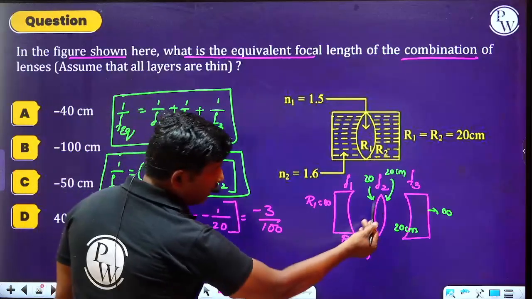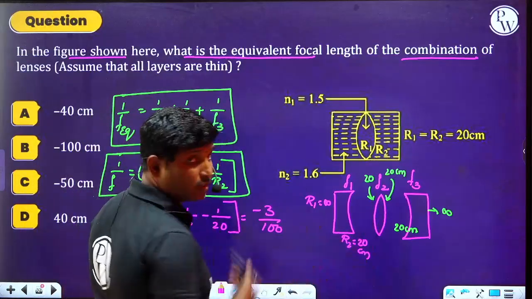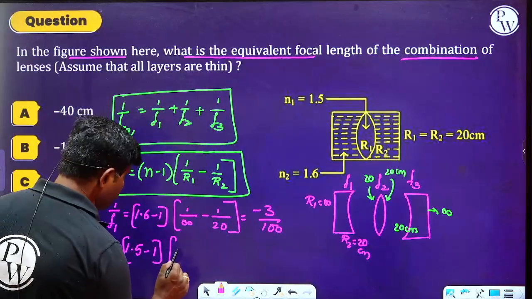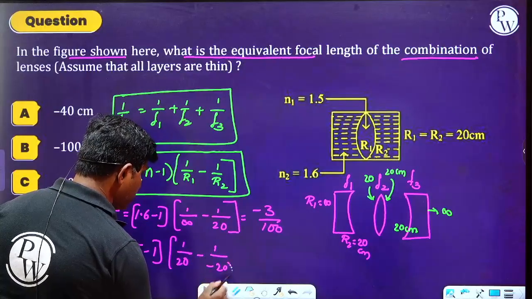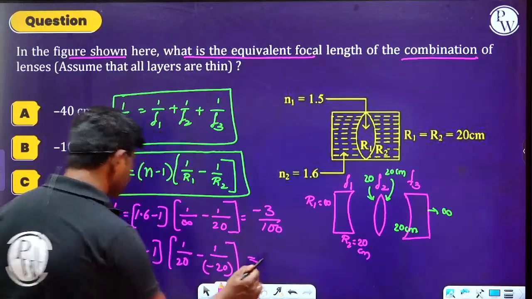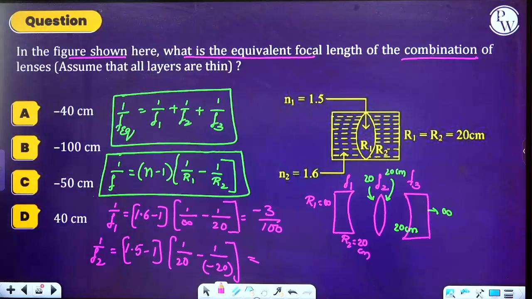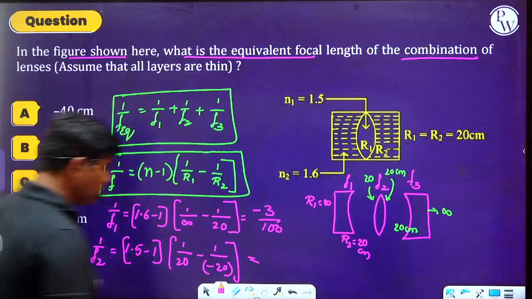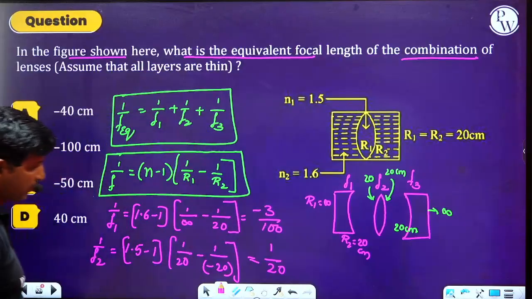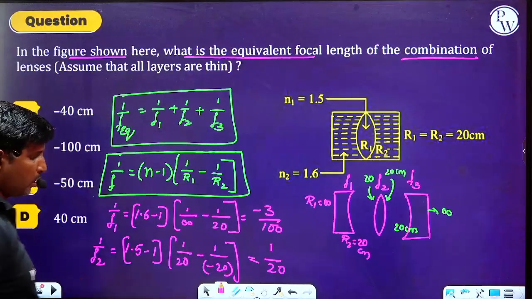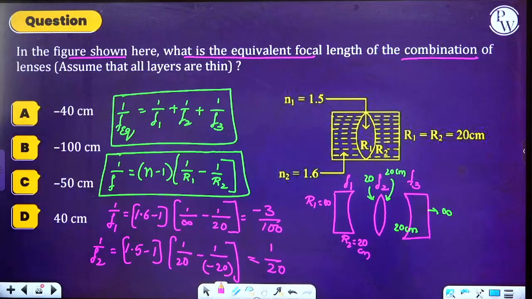I am going to calculate the focal length of this equiconvex lens. Therefore, you can say 1 by 20 minus 1 by minus 20. Whenever we do simplification, you will get the answer as approximately 1 by 20. If you want, you can check it. Then you will get the answer as 1 by 20. And similarly, 1 by f3.